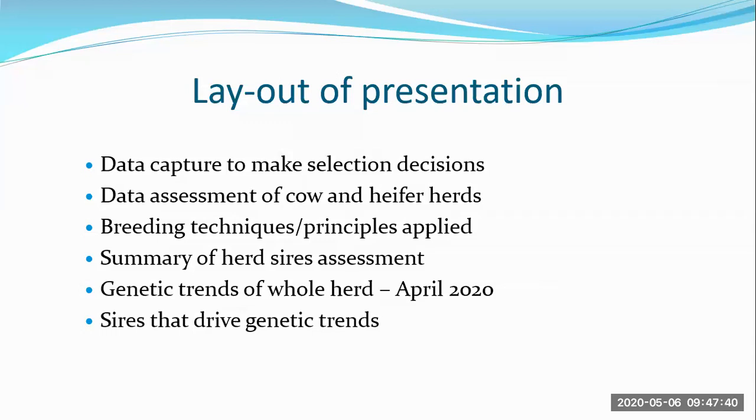We have some breeding techniques and principles which we apply. The herd sire assessment is crucial because they are the drivers for genetic gain. We will look at the genetic trend of our whole herd as of April 2020, and then at some sires. I've listened to what you said just now about young sires, but I will go into that in a bit more detail.